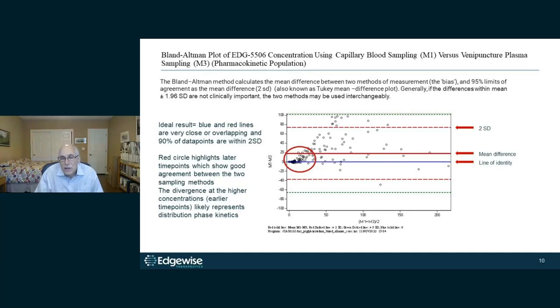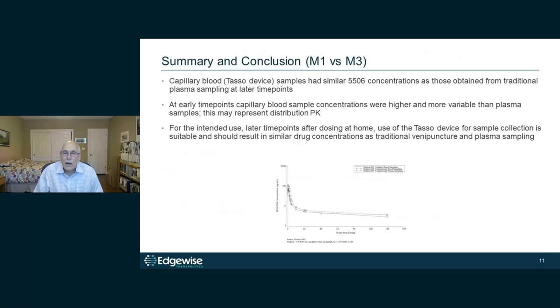And for this drug, it's not. So this is giving us at least an early look that these sample collection techniques could be used interchangeably. So between plasma and capillary sampling using the TASO, we're feeling that the concentrations that we obtained are similar enough to be able to use the device, and that the early time point differences we think are probably more representative of pharmacokinetic distribution, capillary blood versus plasma.